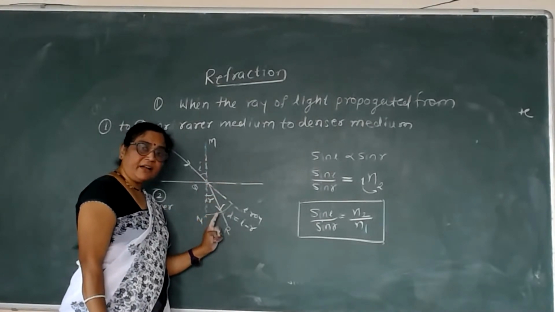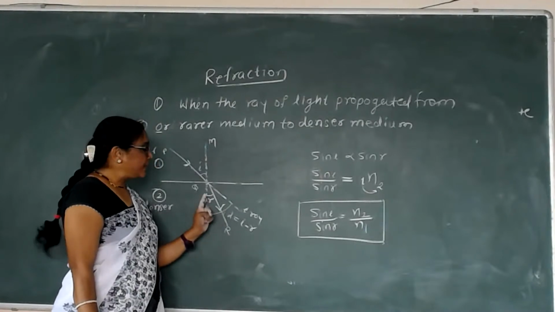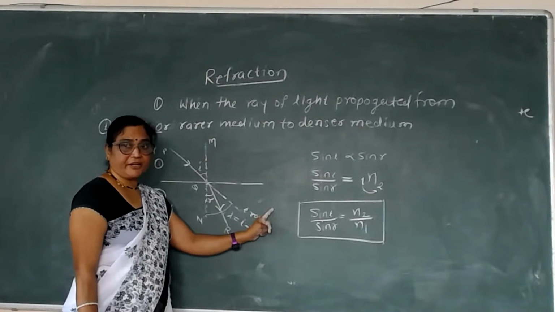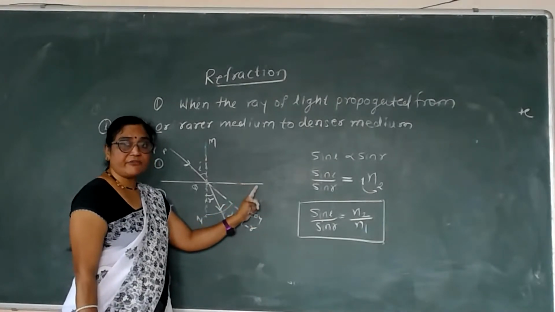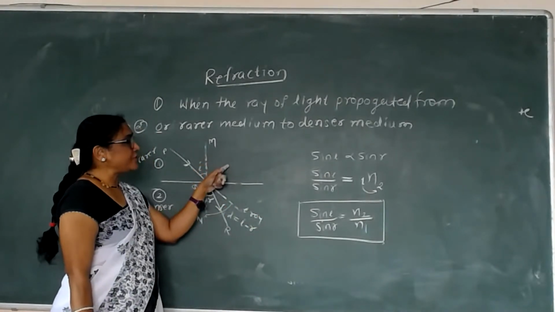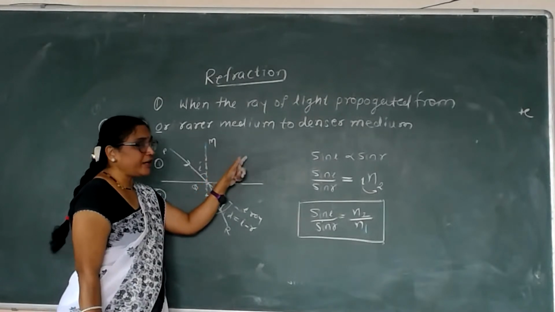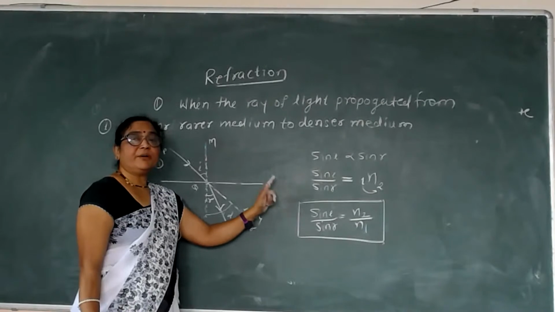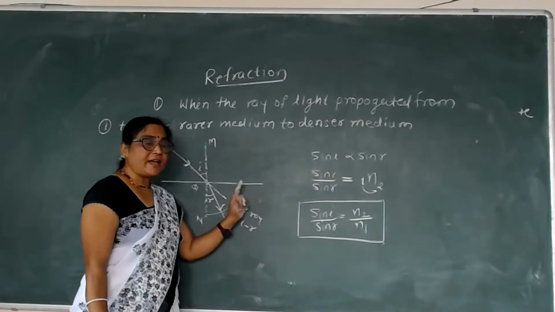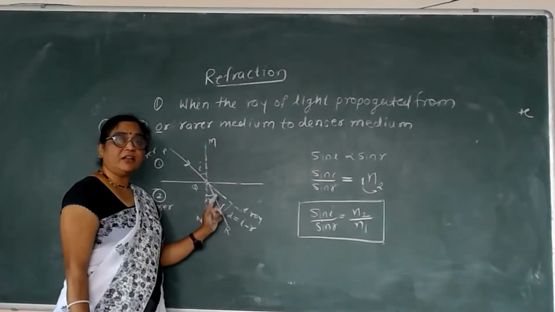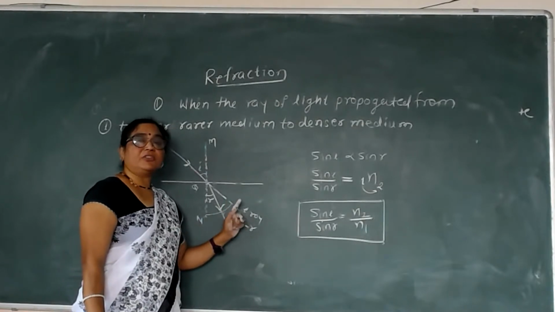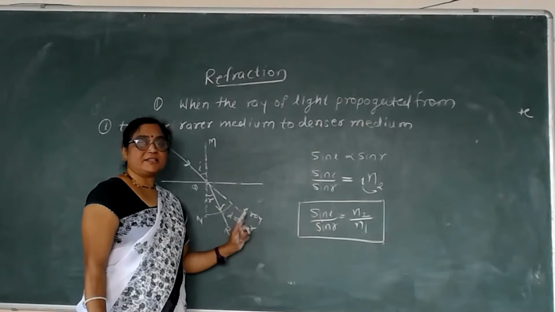Again the refraction takes place, but the deviation is different as compared to another medium. If we take refraction from the air medium to the glass medium, the bending of light in the glass is more as compared to the bending of light in the water medium. So the refraction depends upon the medium where the ray of light is incident.